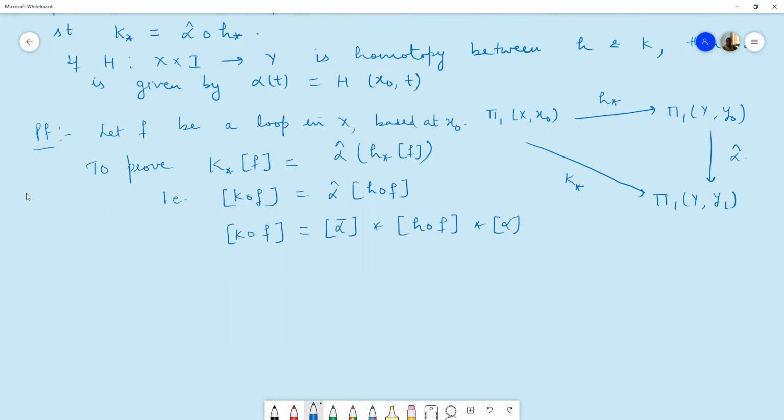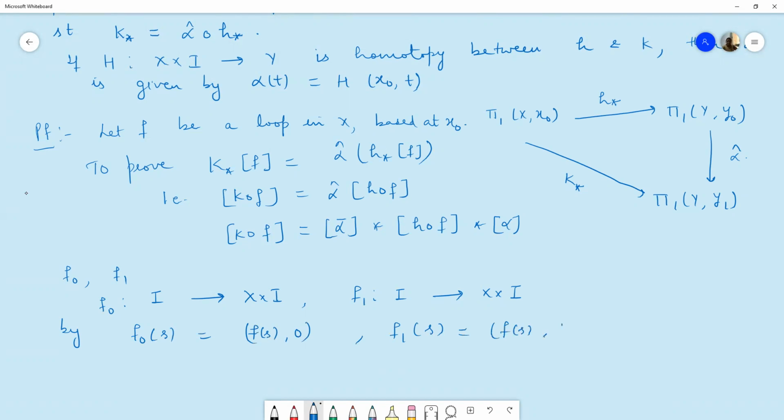So we consider now two loops, f naught and f1. Now, what is f naught? F naught is a loop in space x cross I, and similarly f1 is also a loop in space x cross I, and these are defined by the equations f naught at s is f of s, 0, and f1 is defined by f of s, 1.